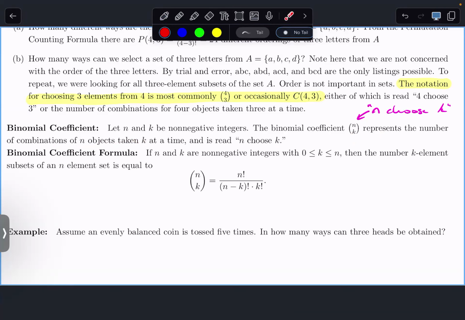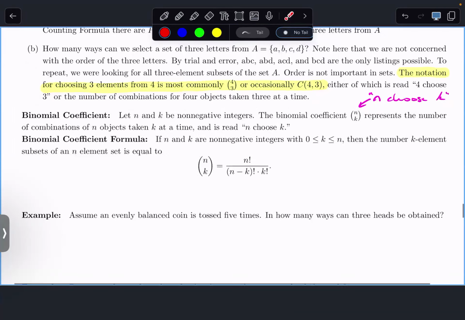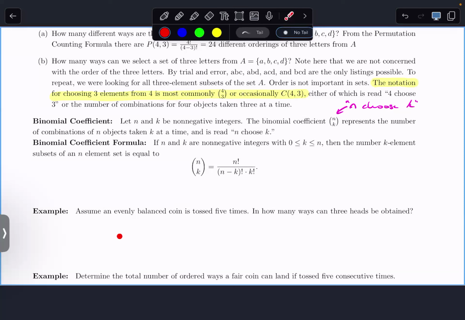So the formula, we're not going to prove this one, but if n and k are non-negative integers, with k being anywhere between 0 and n, I can only choose between 0 and n things from n things.